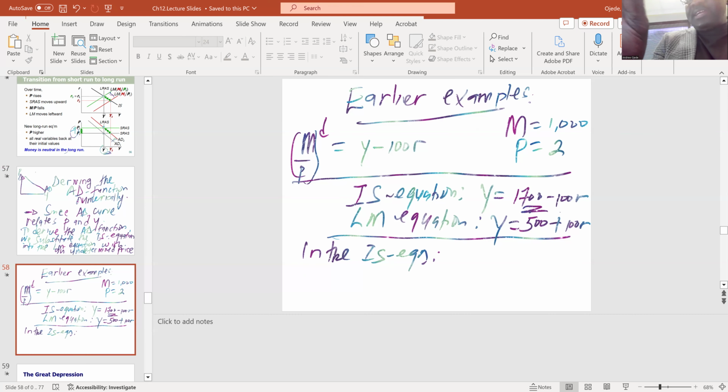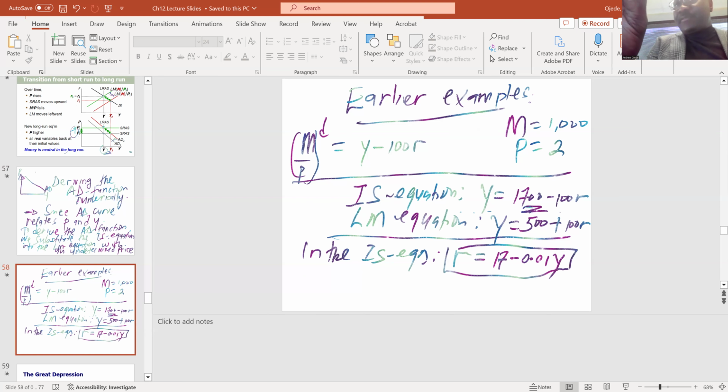If you take 1,700 to the left-hand side, subtracting from both sides, and then divide all through by negative 100, you're going to find that R is 17 minus 0.01Y. That's the same thing, I just wrote it differently. This is your IS equation when I make R the subject.